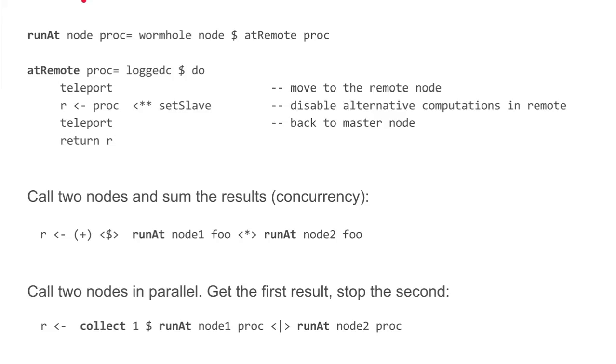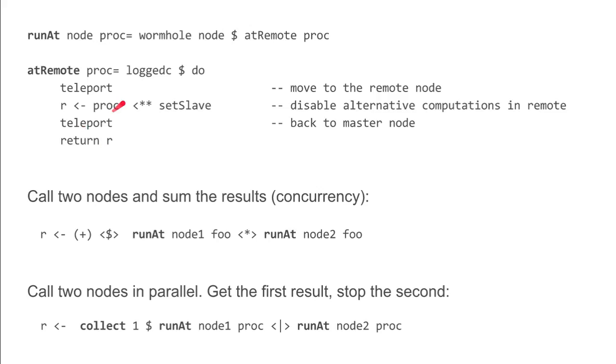For example, runAt uses a wormhole and 2 teleports to execute something in the remote node and return the result back. For example, imagine that the other node has a database, and we query this database and return the result back. This is the arrangement: 2 teleports. In the middle there is the process that is executed remotely, and because there is a second teleport, the result returns to the original node.